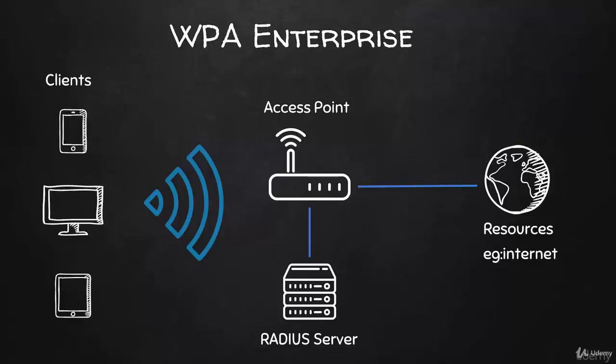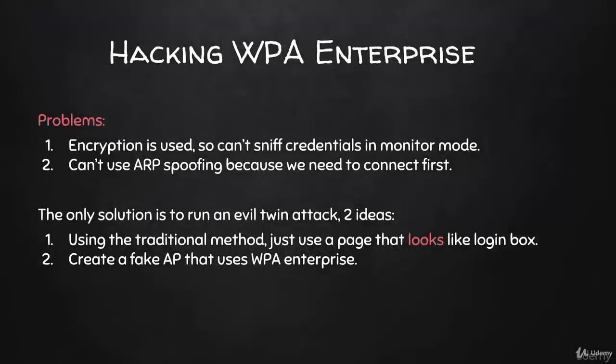Therefore, we were able to go in monitor mode, sniff all the data, and if a user authenticates, we'll be able to capture their username and password. Not only that, because it's an open network, we were able to connect, run an ARP spoofing attack, redirect the flow of packets through our computer, and that way we were able to read the usernames and passwords as well.